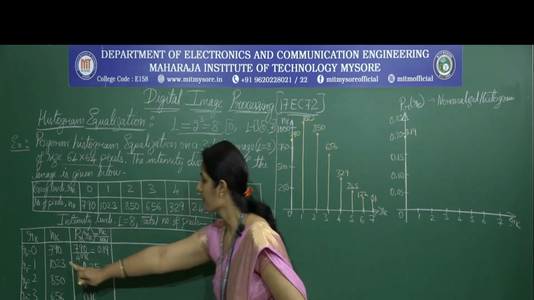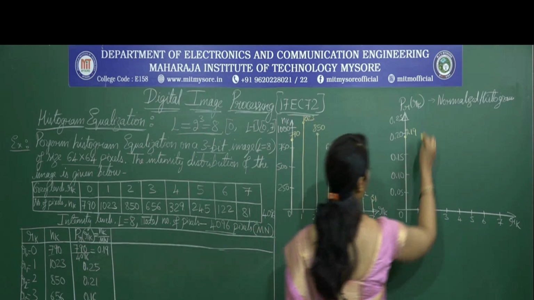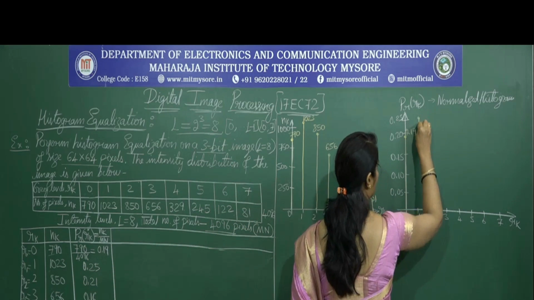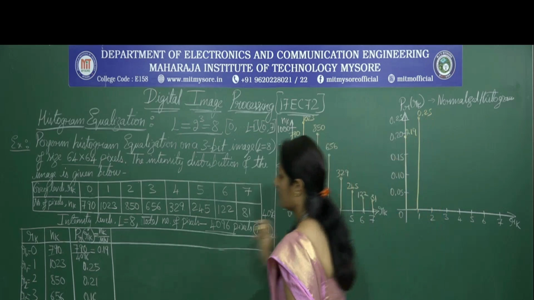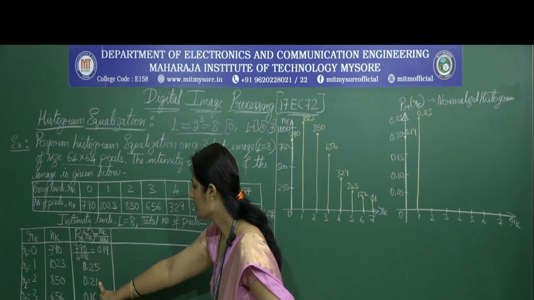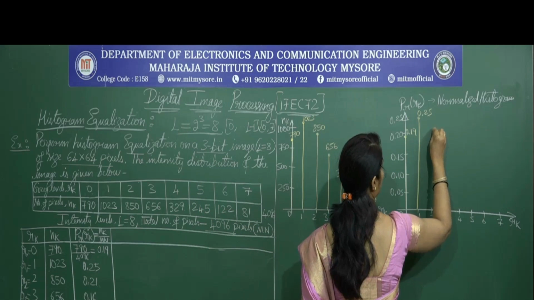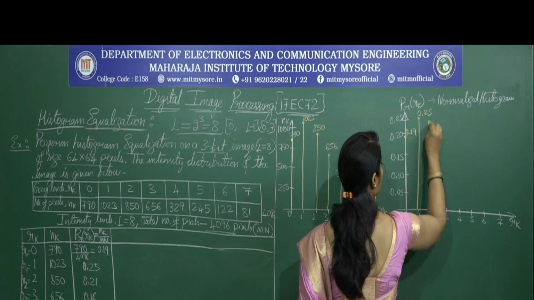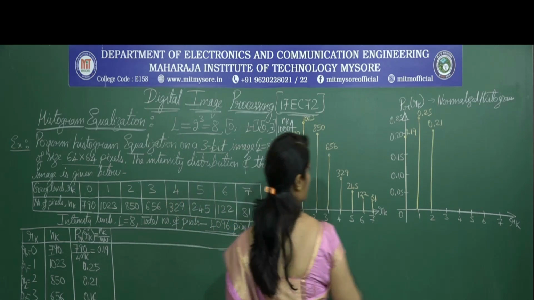When rk is equal to 1, it is 0.25. For rk equal to 2, it is 0.21. When rk is equal to 3, it is 0.16.